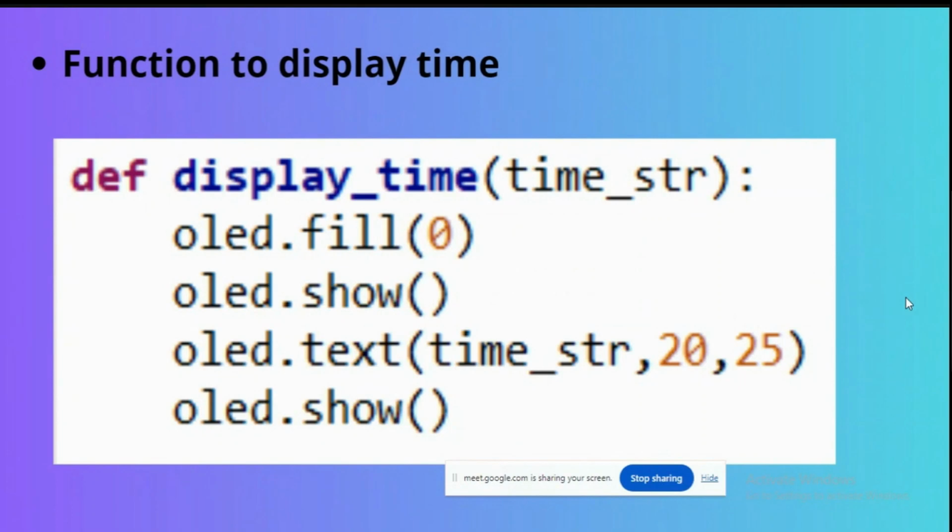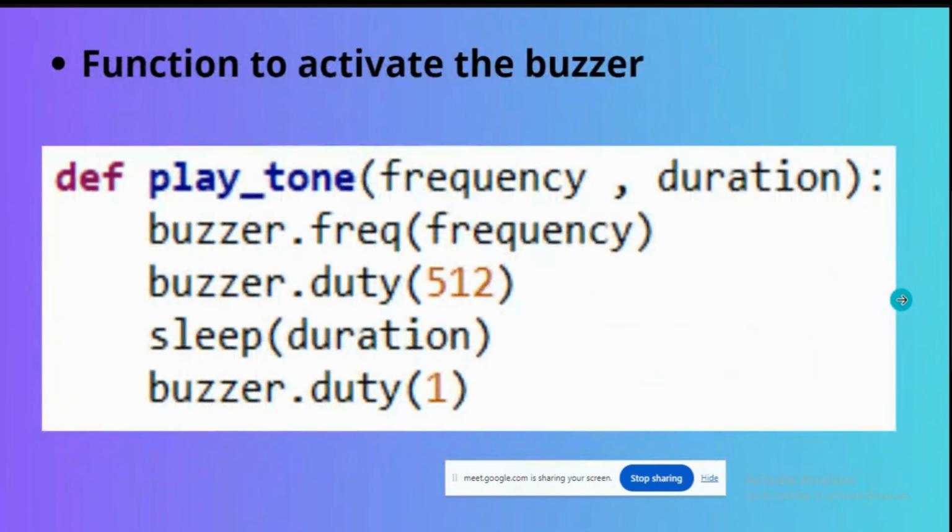After defining the display time function, let's define a function to activate the buzzer. In the beginning, we made it turn off. Now we need to activate it. So we are making a function called playTone. In that playTone function, we require two parameters, the frequency and the duration.